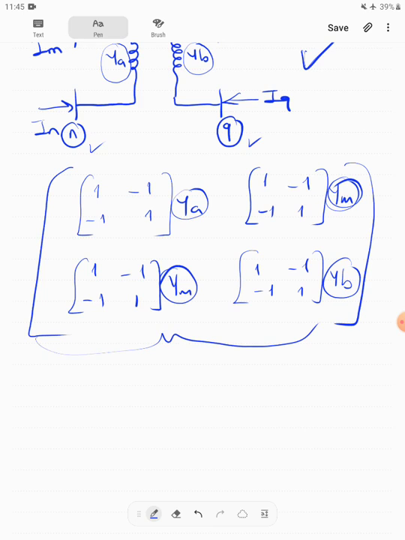And we give the name nodal admittance matrix of the system to this matrix.